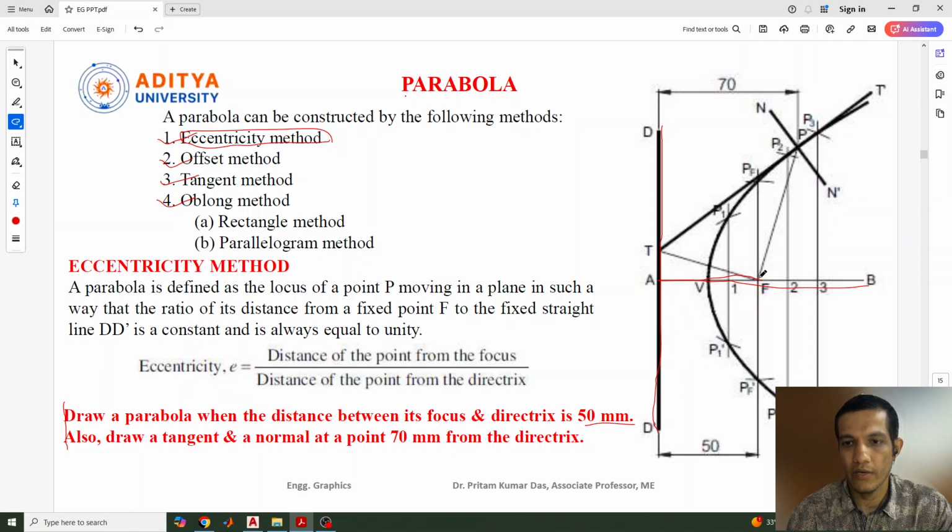So from here we can draw that line, and next we need to draw a number of arbitrary lines from this point.